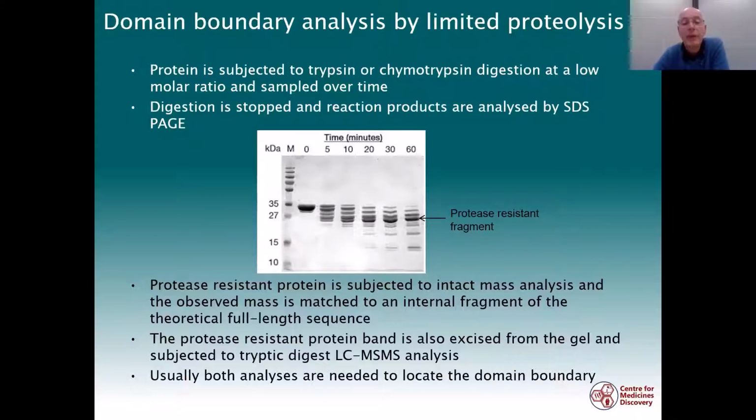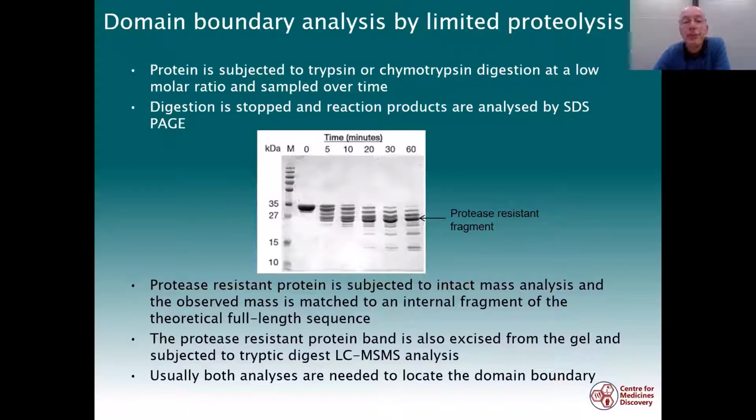If you sample at different times, you can see there is a stepped function in the digestion. It doesn't go smoothly. Part of the protein is highly susceptible to protease action, and then the stable domains are more protease resistant. So they will generate this resistant fragment that you can see on the SDS-PAGE.